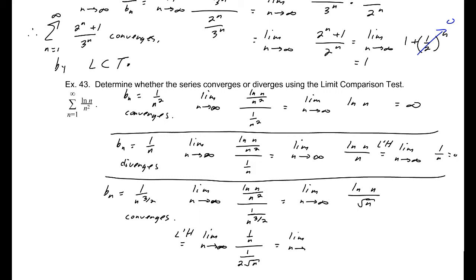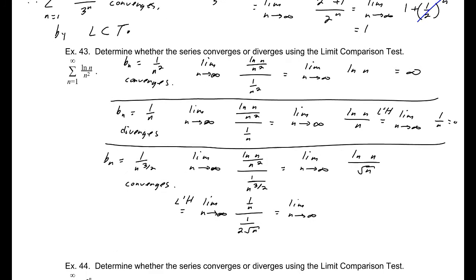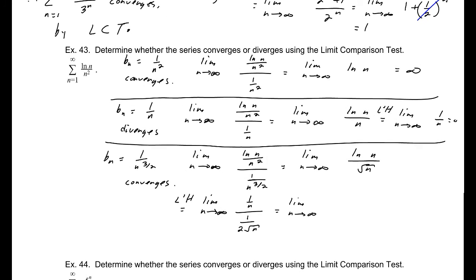All right, algebraically, that is equivalent to, let me flip that, we get 2 over the square root of n, which equals 0.